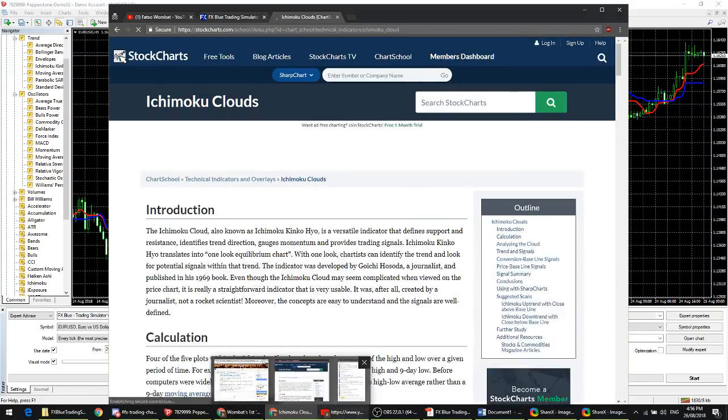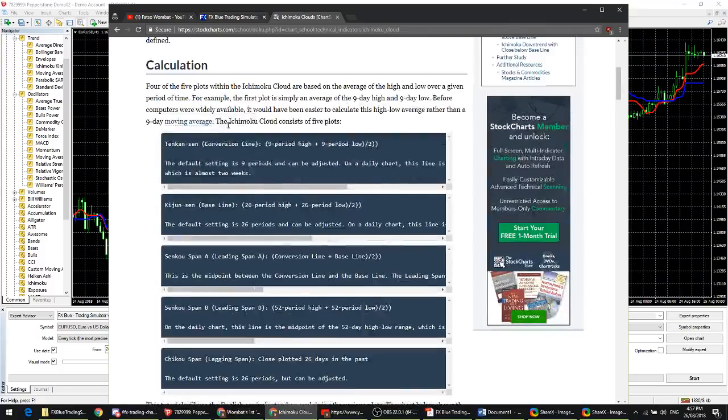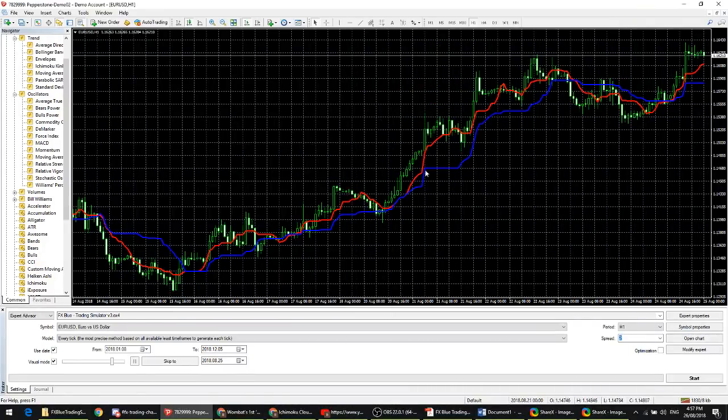So this site uses stock market examples, but pretty much all of them are the same. So these are the two ones we're looking at, is this conversion line and the baseline. The baseline is the blue line because it's the slower moving one, and the conversion line is the red line.